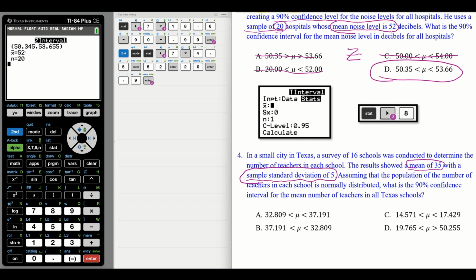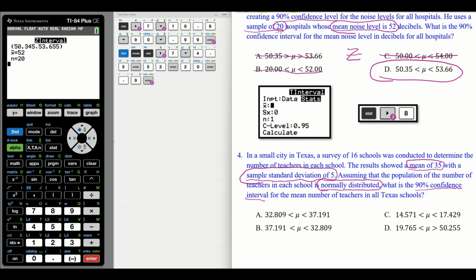Assuming that the population of the number of teachers in each school is normally distributed, what is the 90% confidence interval for the mean number of teachers in all Texas schools?